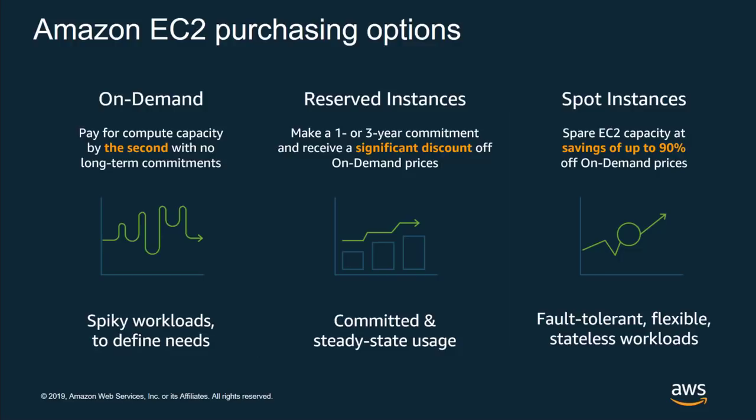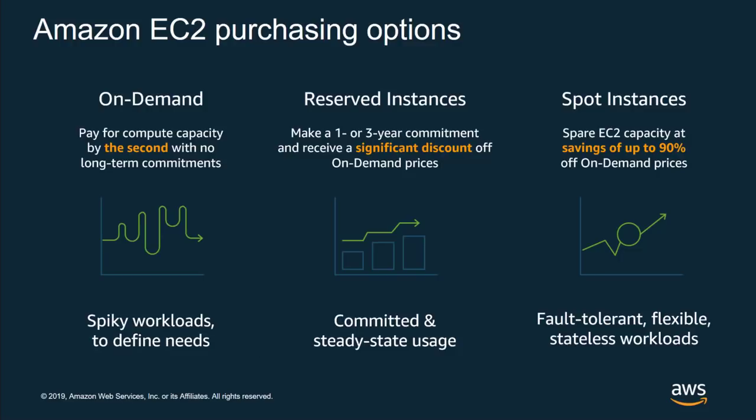And then finally, something we'll spend a little bit of time talking about today, certainly, spot instances. Spot instances really were invented to help customers take advantage of our spare capacity. In order to deliver the elasticity you expect from on-demand and reserved instances, it's necessary that we have spare capacity available.